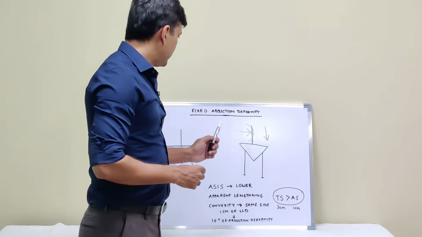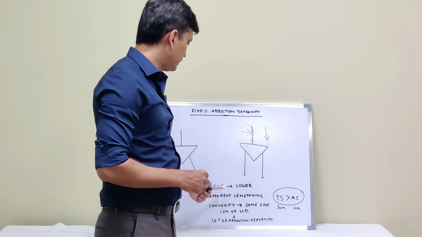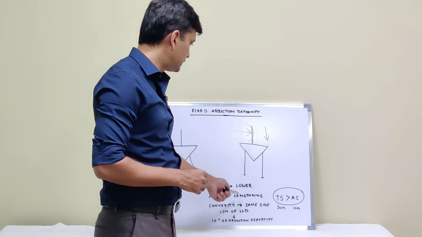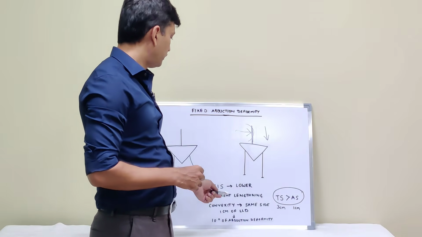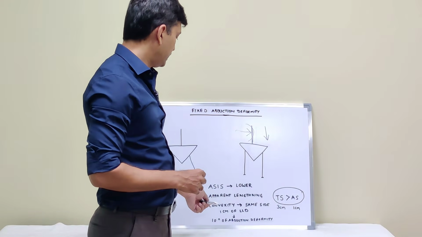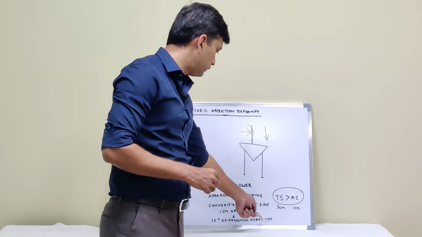So to summarize, in abduction deformity you will have ASIS lower, there will be apparent lengthening, and this is the compensatory mechanism. Convexity of the spine will be towards the same side, and for 1 centimeter of limb length discrepancy there will be 10 degree of deformity.